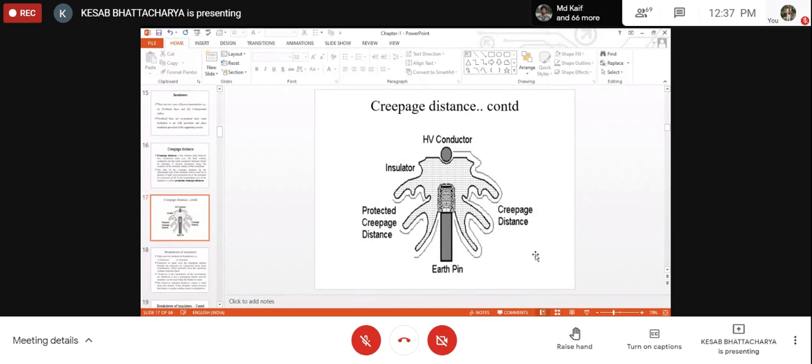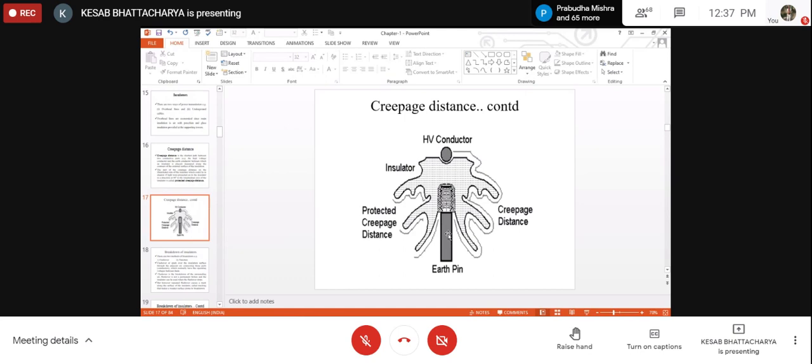Now you see, if you look at this diagram, through this top cap the live conductor will move. So at the top of the insulating material, we have live potential, and to this metallic pin, the insulator will be placed at the tower cross arm, and the tower itself, along with its cross arm, is at ground potential.